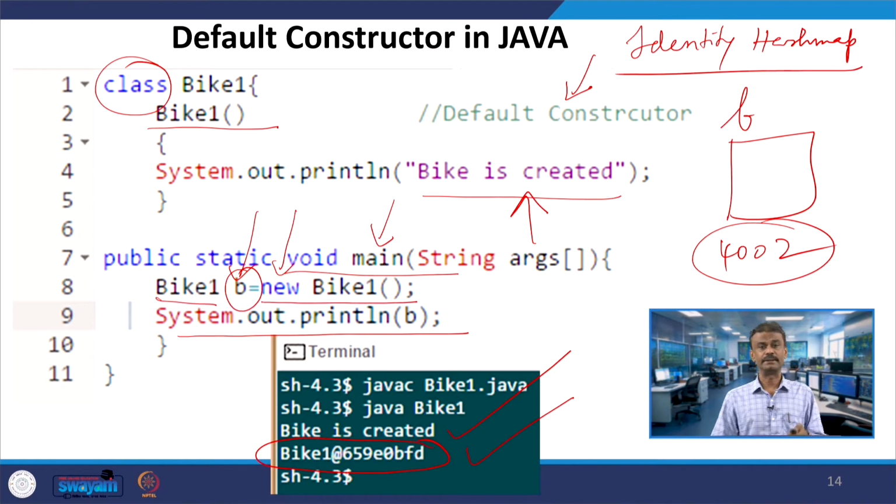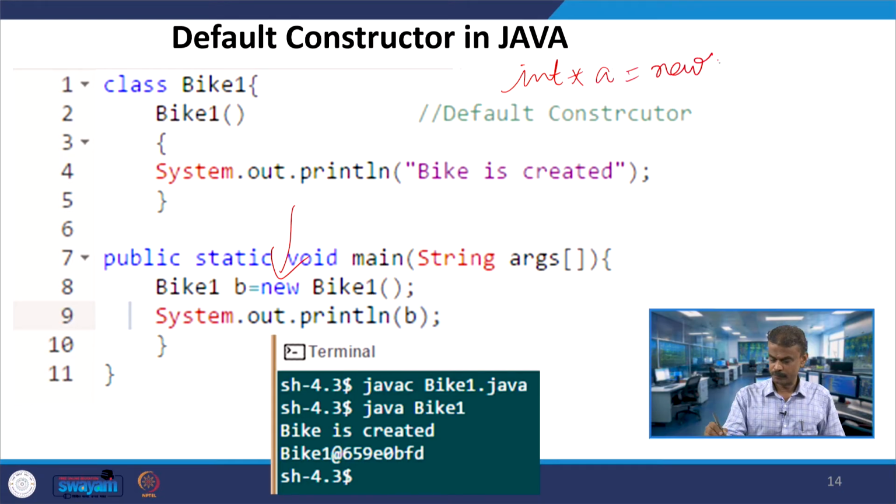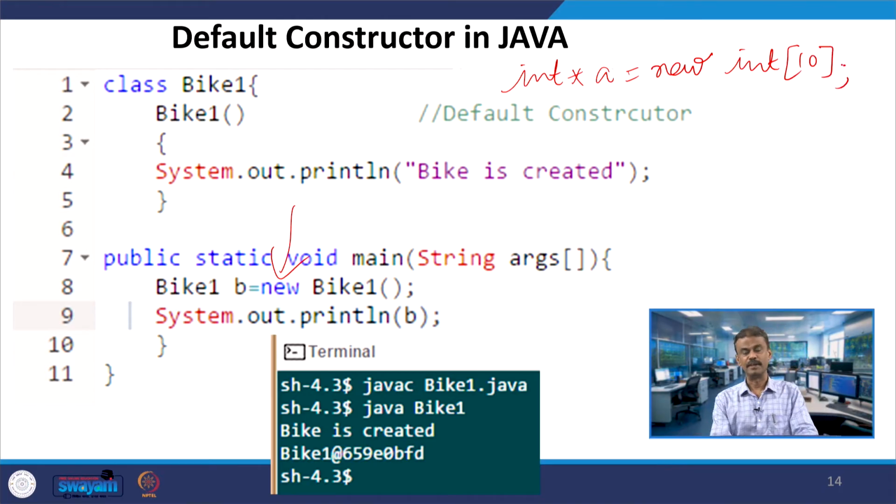So, line number 8, that is the reason. It should be dynamic in nature. If you look at line number 8, this is the right way to do it in Java. So, bike1 b, that means b is the object, bike1 is the class, equal to the new operator and bike1, exactly like the dynamic array that you do. It is a dynamic object, right. You might have done int star a in C++ equal to new int of 10, a dynamic array of length 10.